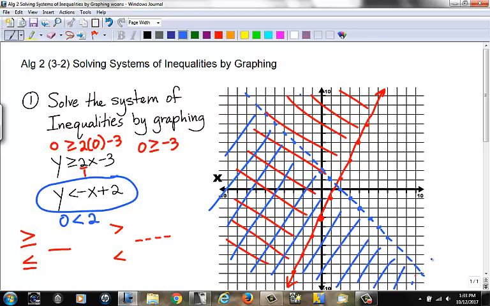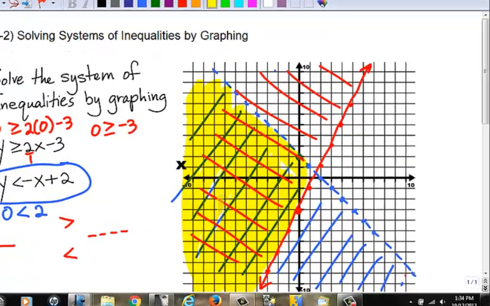Now the final answer is where it's cross-hatched, where it overlaps, and probably not a bad idea with your pencil, just make this part a little bit darker where it's cross-hatched, or if you have a highlighter.